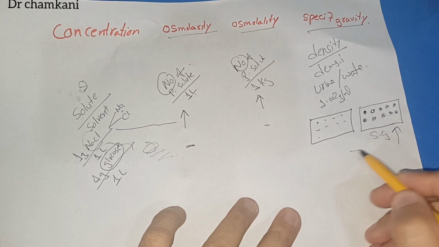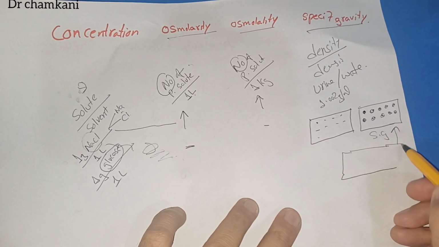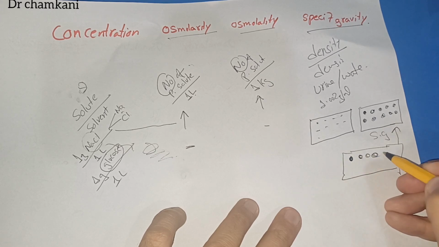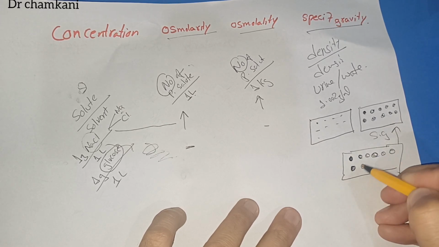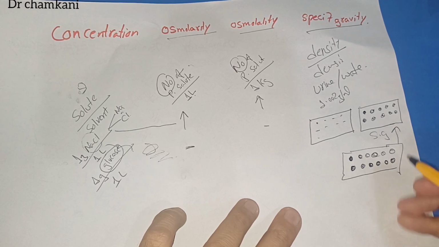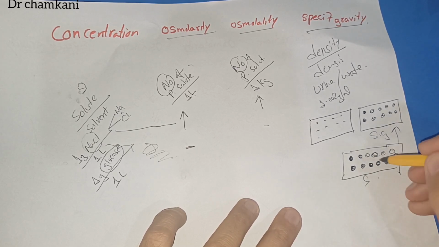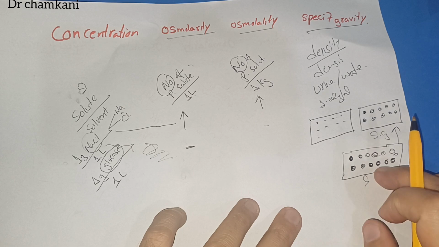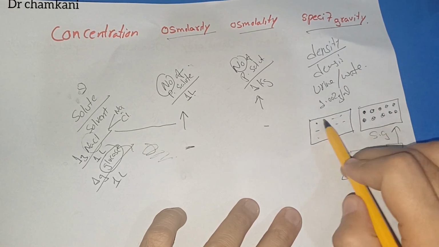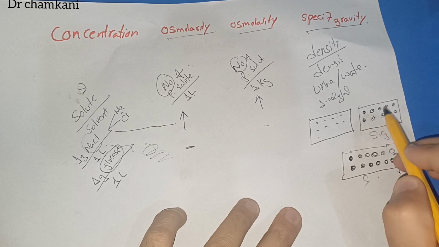If we have a solution in which the particles are more in number as well as larger in volume and have more weight, then the specific gravity of this solution will be greater than this one because of the number. So here the specific gravity of this solution is greater than this one because the number of the particles is the same but their weight is greater.